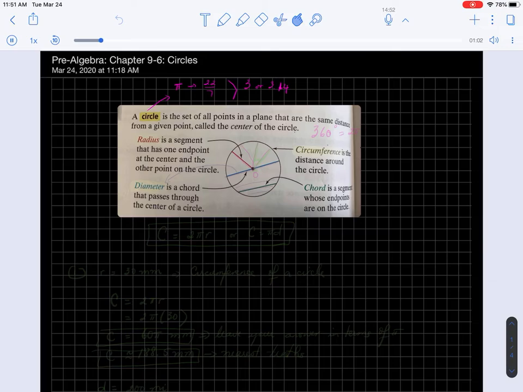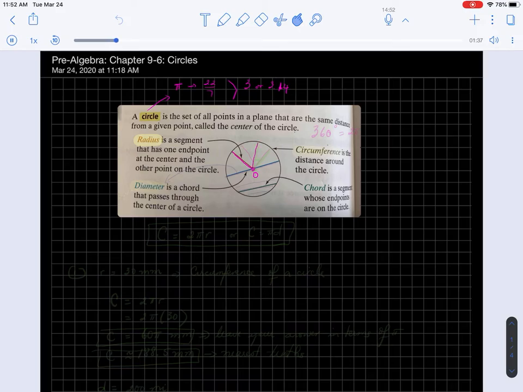Okay, we also need to look at the word central angle. Let me backtrack a little bit. Radius. Radius starts from a center point. Let's say this is point O. The center point goes to one other side.